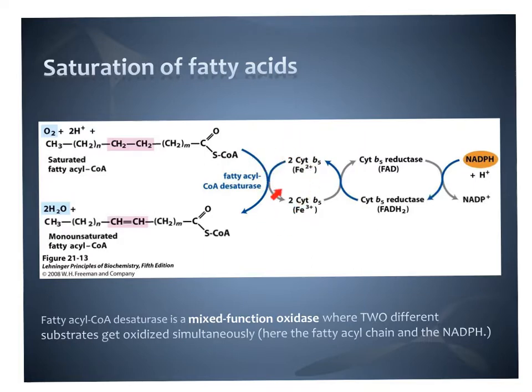This is cytochrome B5, so iron 2 plus becomes iron 3 plus, so it gets oxidized. So therefore this is going to be reduced, which will oxidize this, which is then reduced, which oxidizes the NADPH.